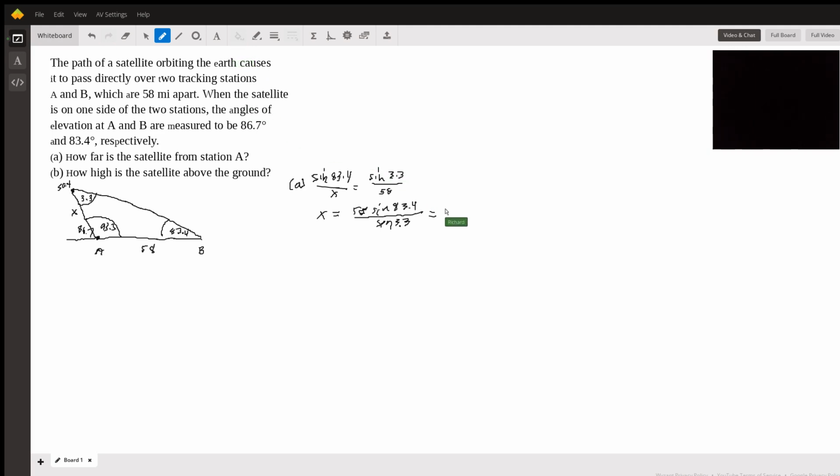Actually, 1,001. It's kind of a strange answer. So let me go back to the diagram here, and we'll put in 1,001. Erase that x, fill it in with 1,001. So that's part A.